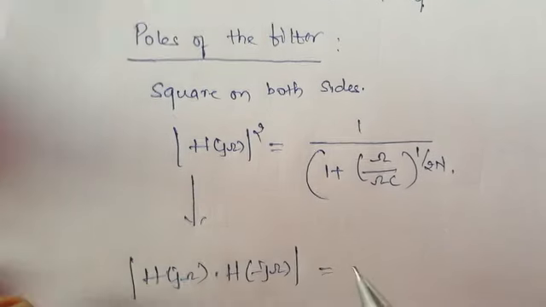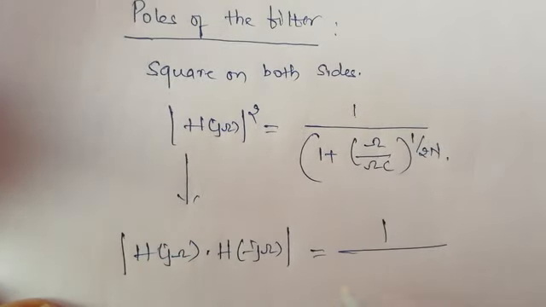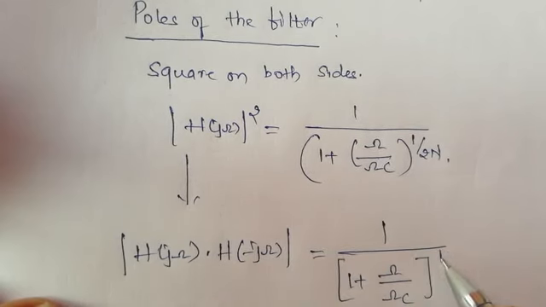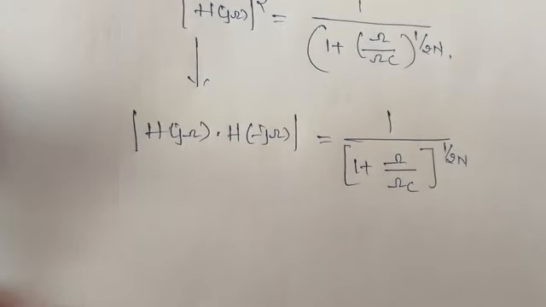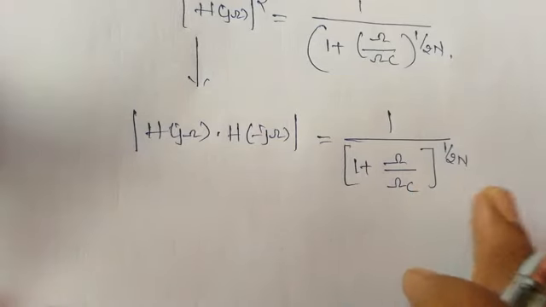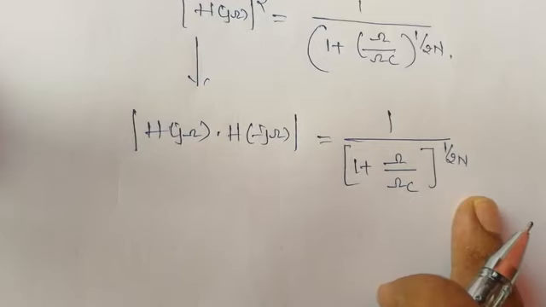So for the simplification, I am writing 1 plus (ω/ωc) to the power 2n. Equating the denominator of the RHS to 0 will give the poles of the system.